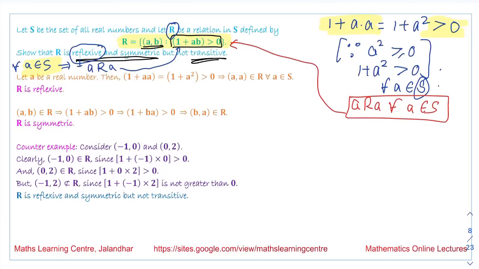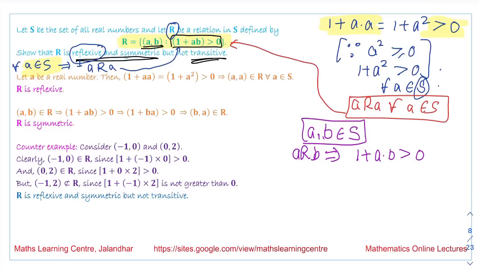Next we have to prove it is symmetric. So suppose we are considering two elements A, B from the set S, such that A is related to B. A is related to B means 1 plus A into B is greater than 0.